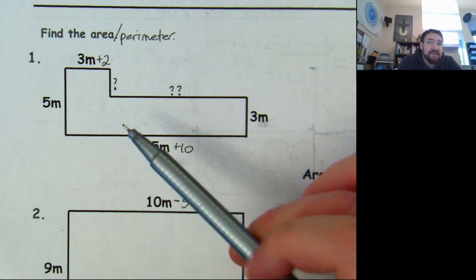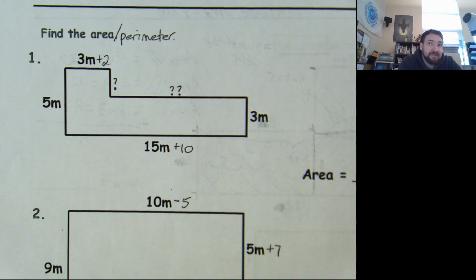So for something like this, someone give me a suggestion as to where they would like to begin based on what we just did. If I gave you a question like this, where would you start? Where did I start on the previous question?